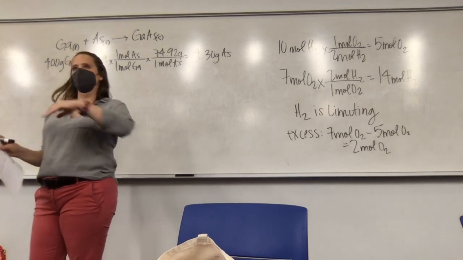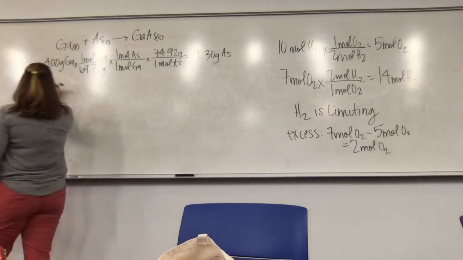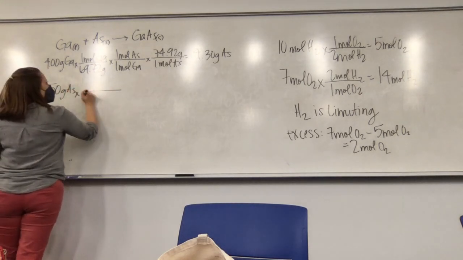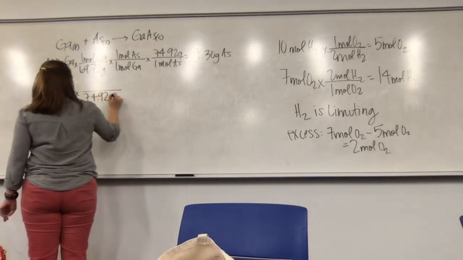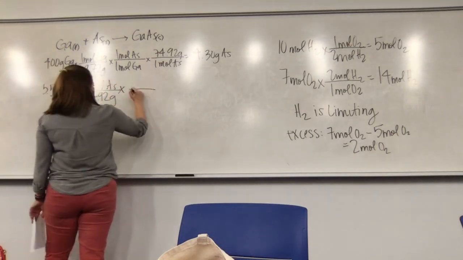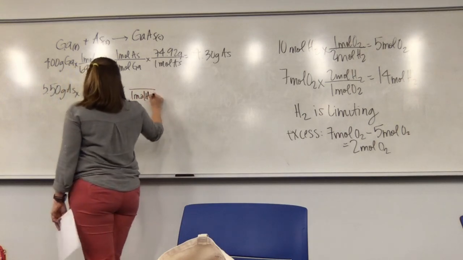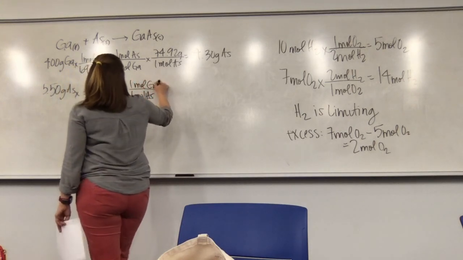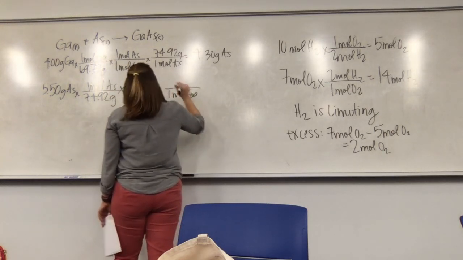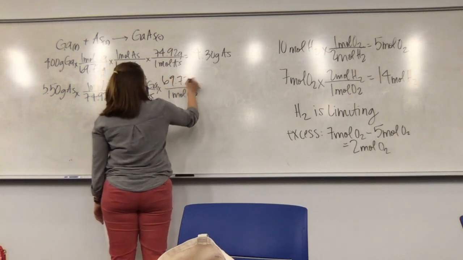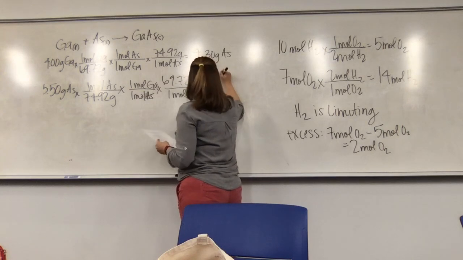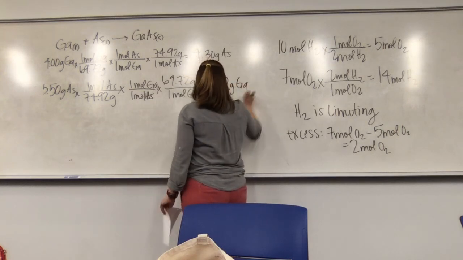However, if you were the other 50% and you had started with 5.5 grams of arsenic, it is 74.92 grams per 1 mole of arsenic, 1 mole of arsenic to 1 mole of gallium, 1 mole of gallium is 69.72 grams, and that equals 5.12 grams of gallium.